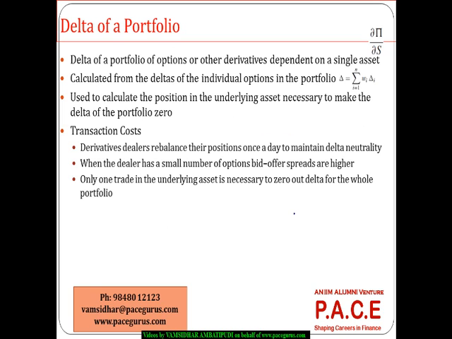Now, if I have to extend my understanding from the delta of a single option to the delta of a portfolio of options, it's straightforward, right? Whether it is for a single option or for a portfolio, we are using the same mechanism. It's a weighted average of the individual deltas. For the individual options, whatever the deltas are, I simply do a weighted average of those individual deltas to compute the delta of the portfolio.